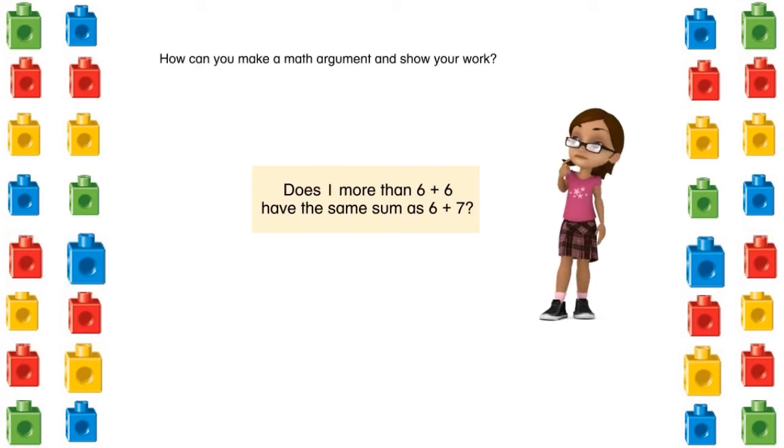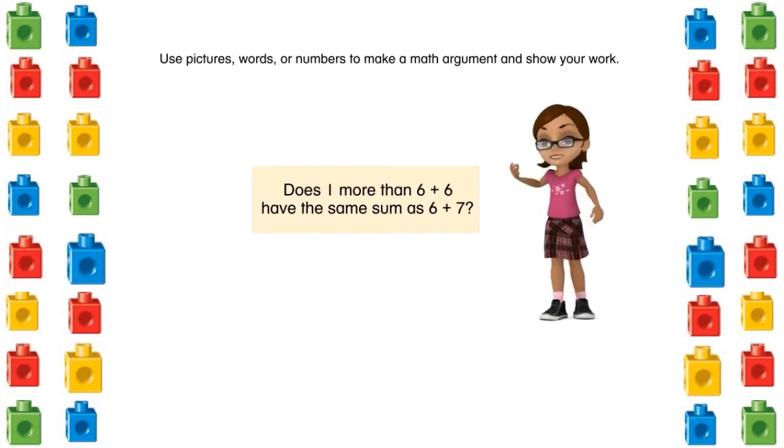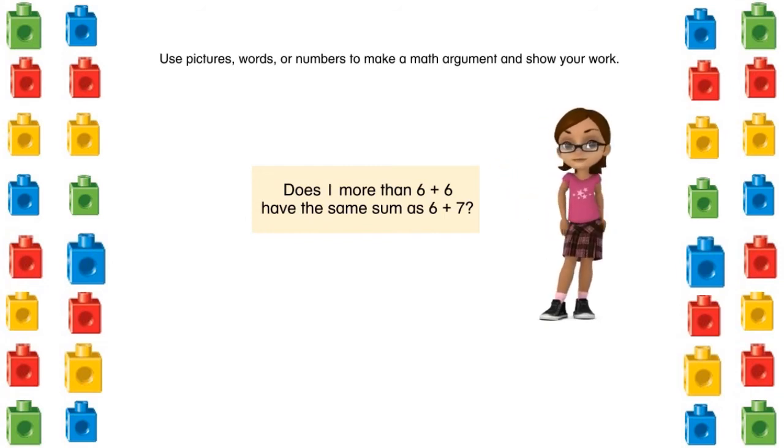How can you make a math argument and show your work? Use pictures, words, or numbers to make a math argument and show your work. I can draw pictures and write equations.